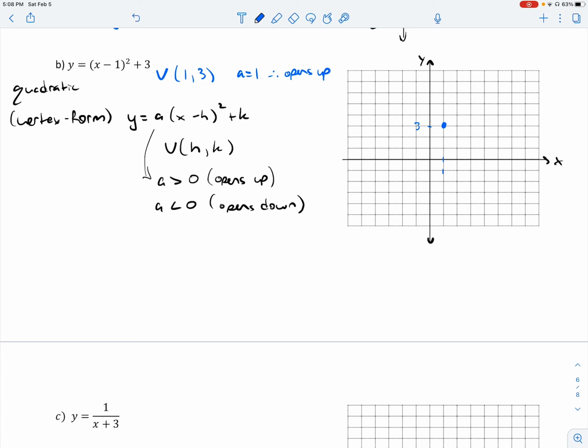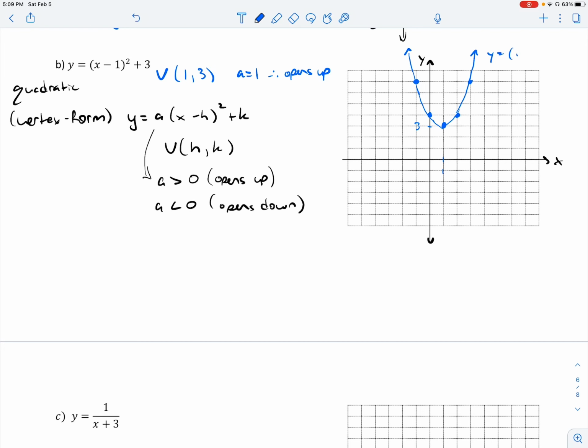So I'm going to have points 1 to the left and 1 up. Same with 1 to the right and 1 up, like the standard y equals x squared. And the next one would be 2 to the right and 4 up. And the other one is 2 to the left, 4 up. Okay, we'll go over this a little bit more, how I knew that looked like that, but maybe you might remember from grade 10 also.